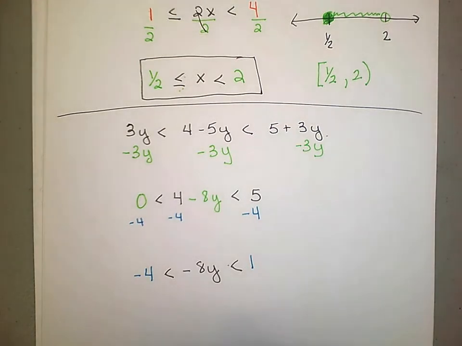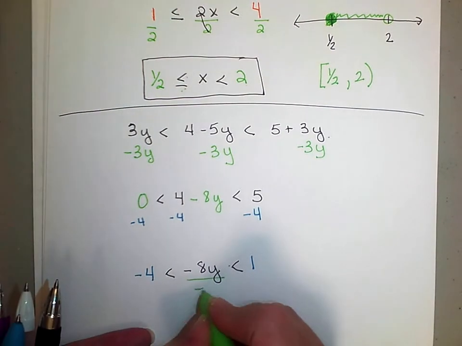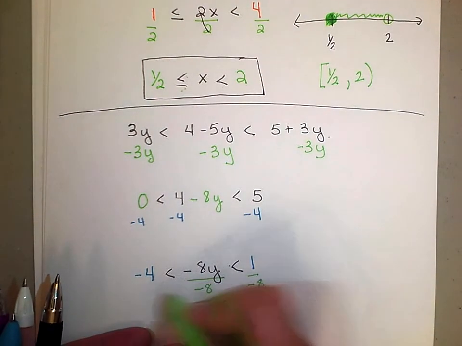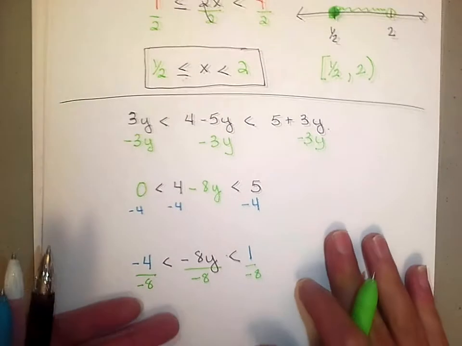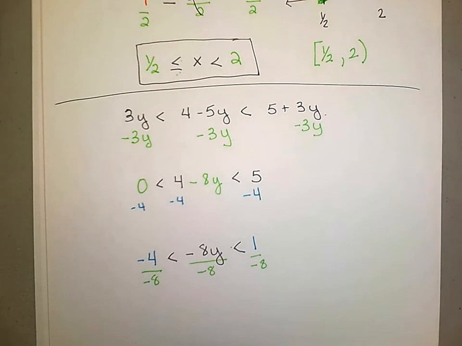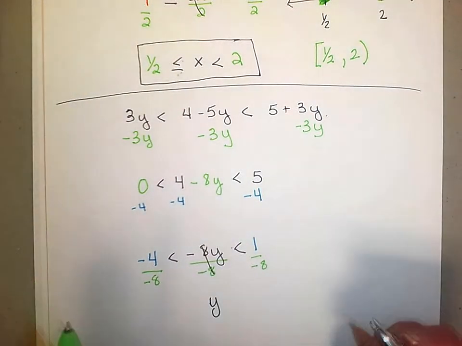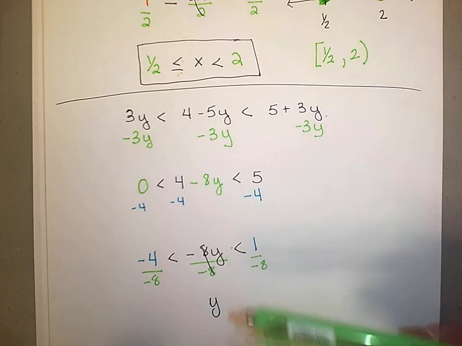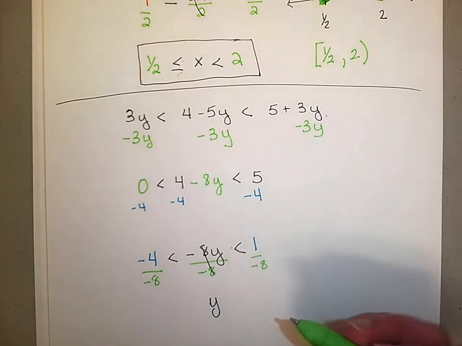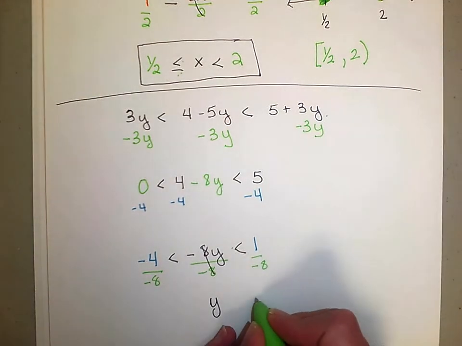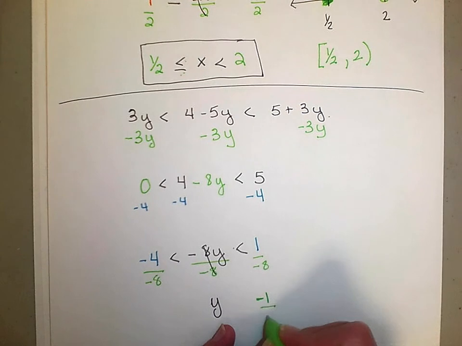Now I just have to undo what's happening to y. So let's divide everything by negative 8. So now the negative 8's will cancel. We're left with y in the middle. On this side, well, 1 divided by negative 8, that's just negative 1/8.